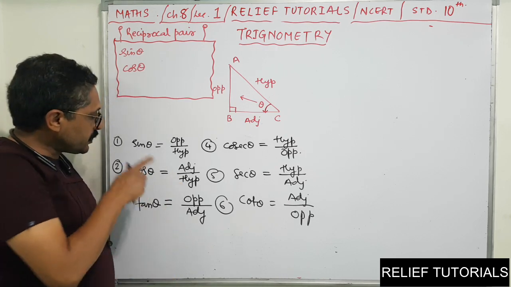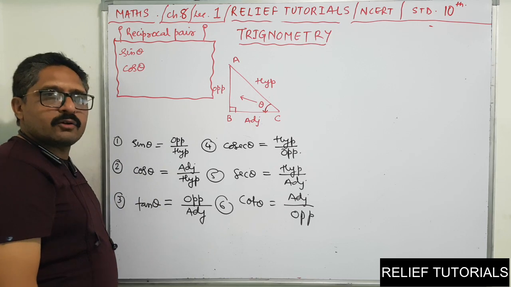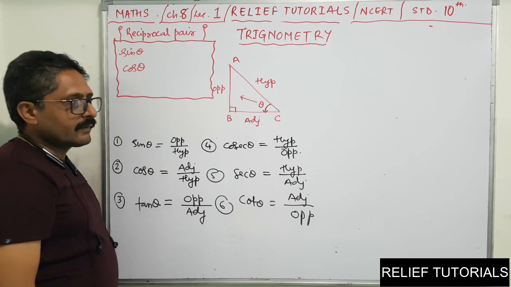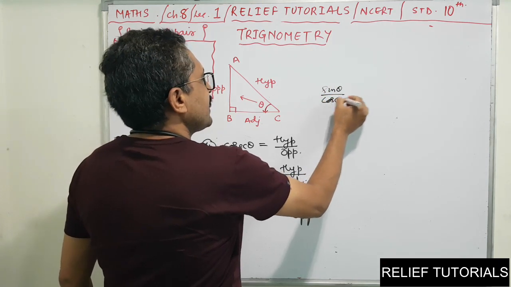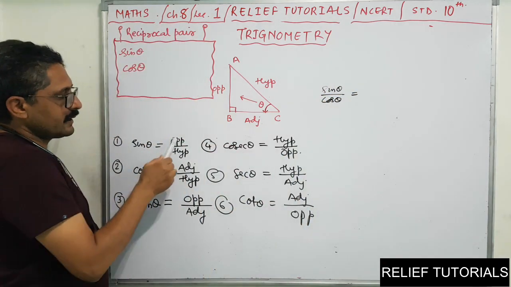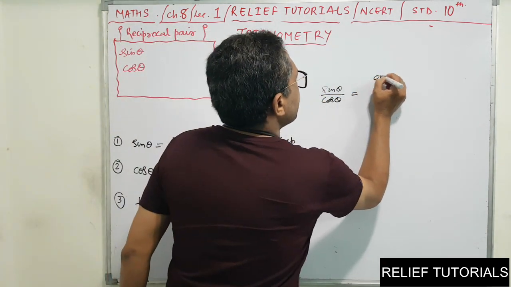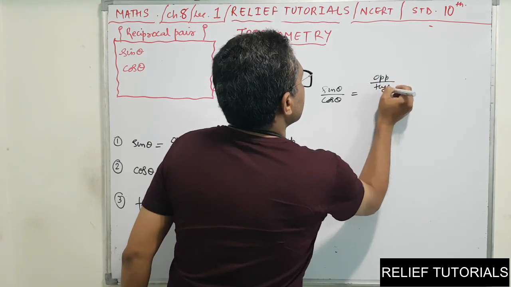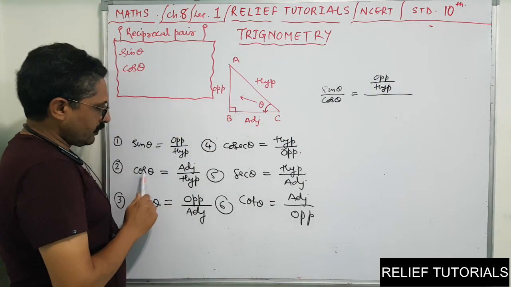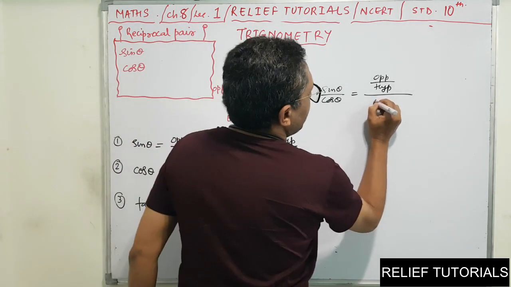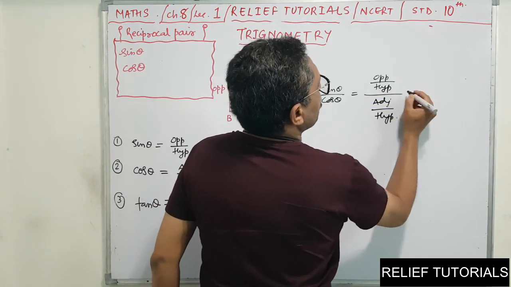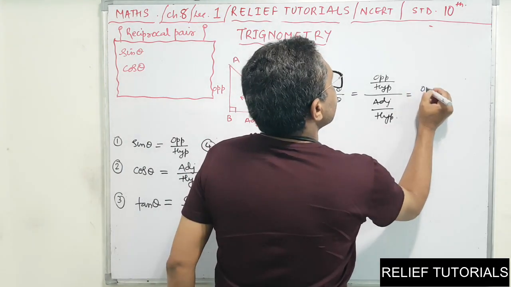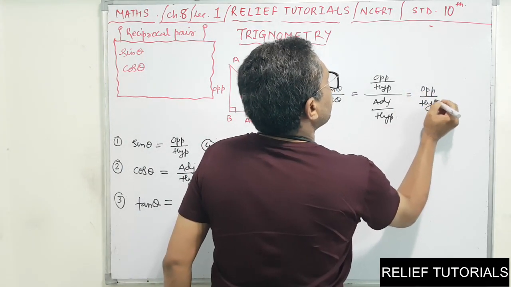Now you take the ratio of these two, sin and cos. So sin theta upon cos theta equals opposite upon hypotenuse divided by cos theta, which is adjacent upon hypotenuse. So the numerator stays as it is, opposite upon hypotenuse.